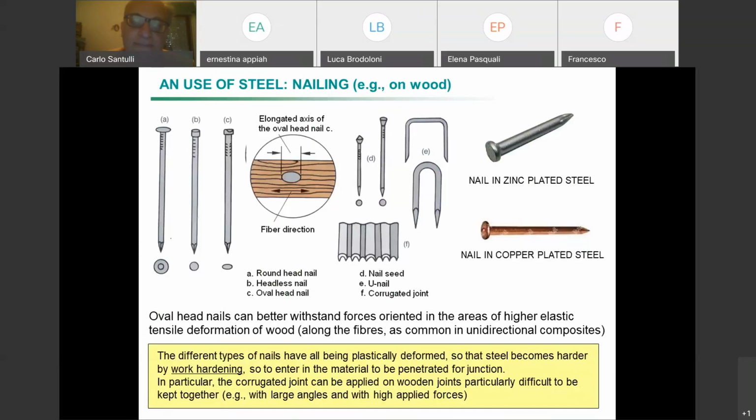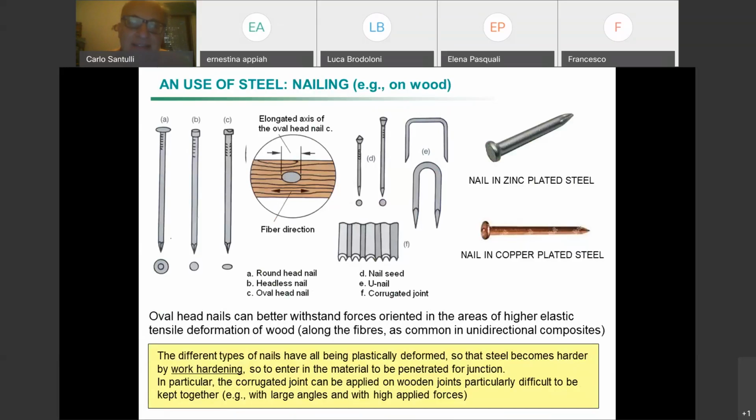Okay, so we have nails of different shapes, round head, headless, etc. Oval nails, and steel proved the best material for nails.